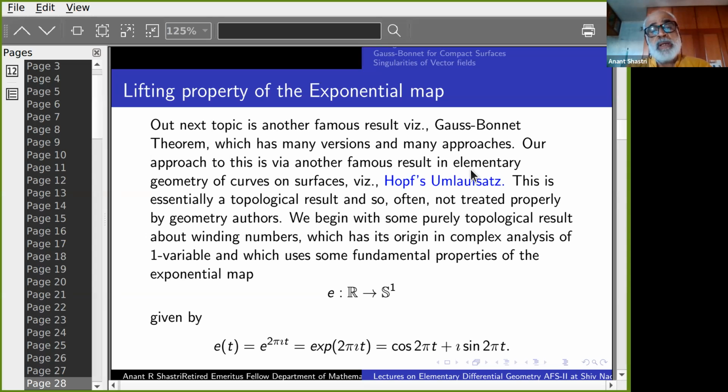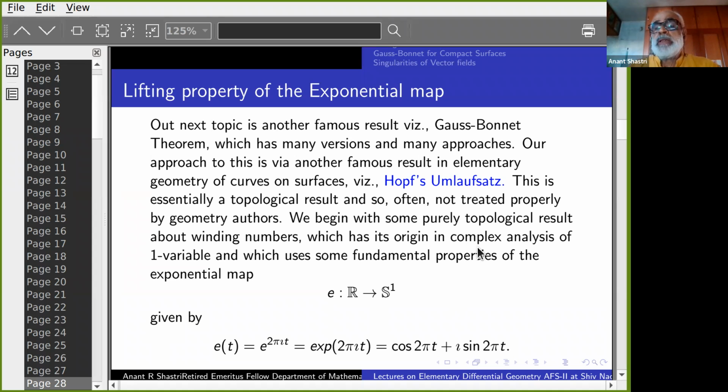Okay, it is something which is actually the starting point of algebraic topology, you may say, but it has its origin in complex analysis of one variable, like many other ideas which have origin in complex analysis of one variable.